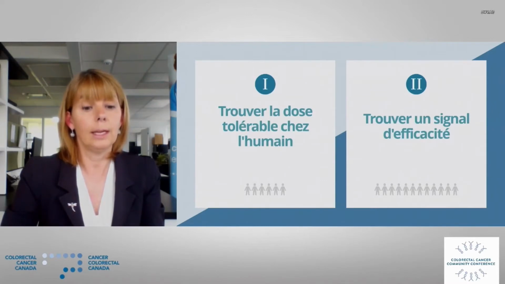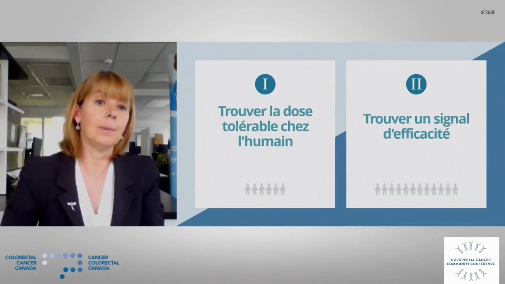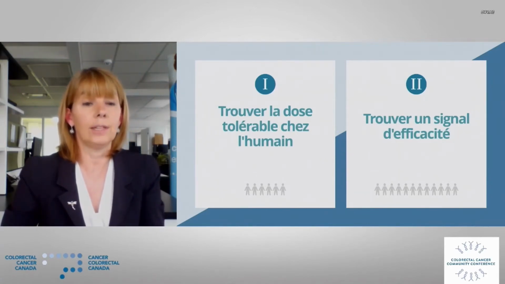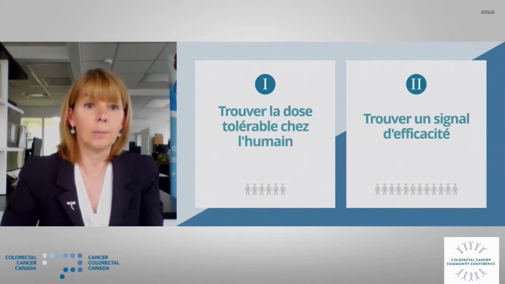So phase 2 trials will allow us to better assess the efficiency, to assess whether the drug or the treatment is efficient. And this is when doctors are going to look for an efficiency signal.